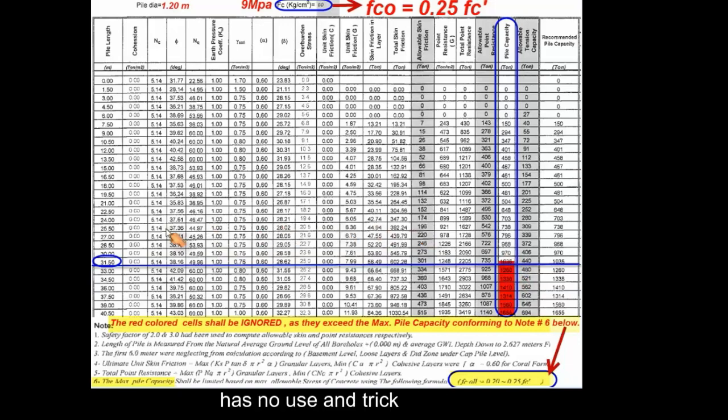Important trick of the natural ground level. Say you made your pile 25 meters, but there is a basement. For example, your basement was 9 meters deep. So how much is your top of pile? Your top of pile is 9 meters from the foundation level. Okay, add 9 plus 25.